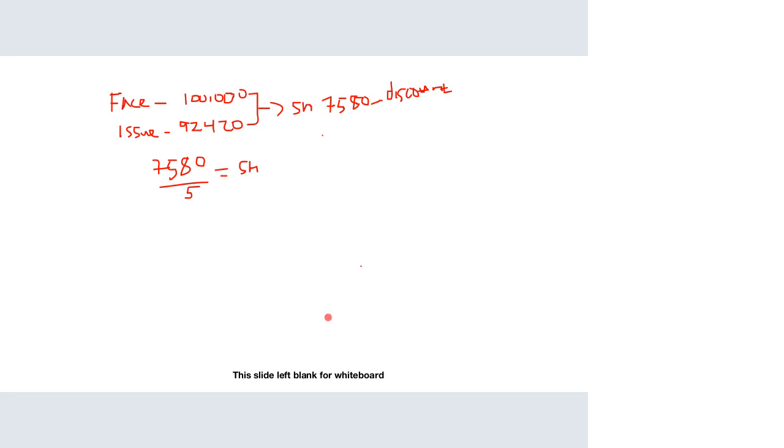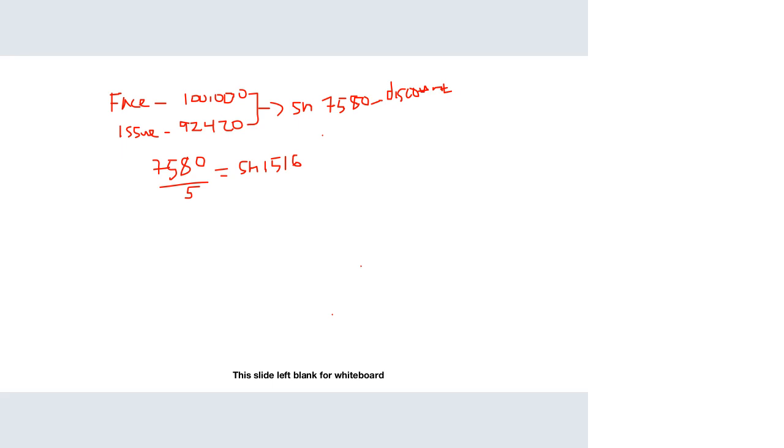So that will give us, thank you, Silas, 1,516. So that will be the annual amortization of bond discount. It will be equal to 1,516.